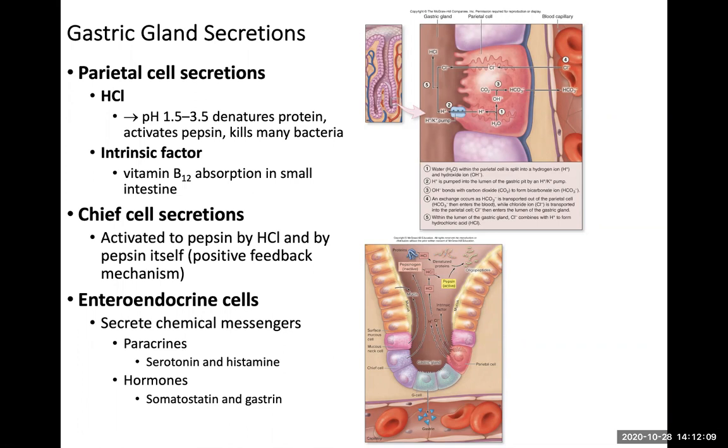So gastrin will stimulate stomach motility, increase contractions, that mixing that's occurring in the stomach, increase smooth muscle contractions at the stomach. Gastrin also is stimulating to parietal cells, so it increases the amount of hydrochloric acid that is produced. It is also stimulating to chief cells. So in the presence of gastrin, you get increased secretion within the stomach, and you get increased motility.